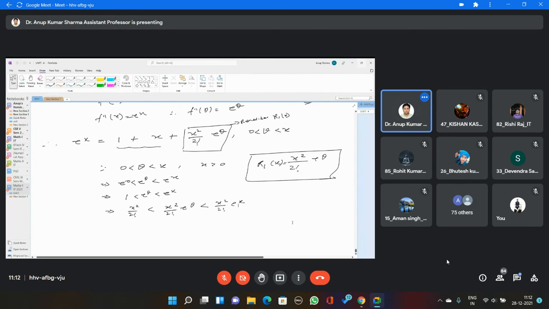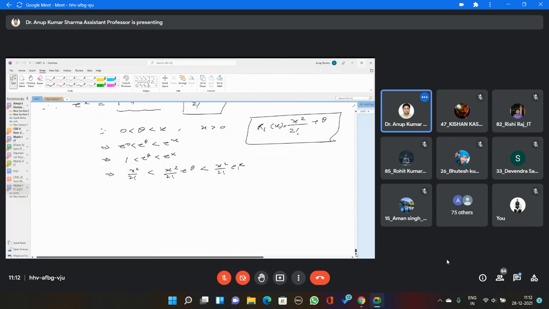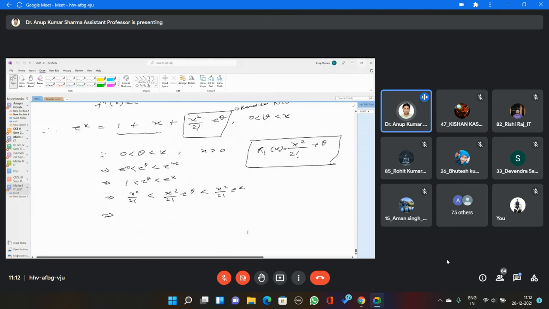Those things you see, x is raised to the power of square, it's not negative, it is positive, so there is no change in the inequalities. Next, we add 1 plus x, and x is also greater than 0, so there is also no change in the inequalities.